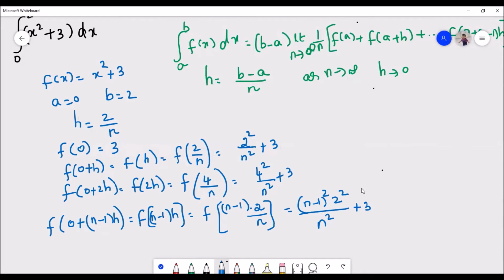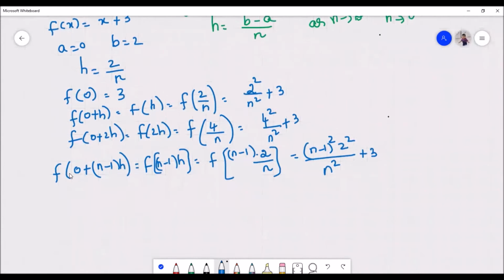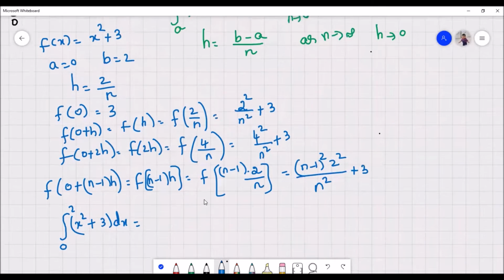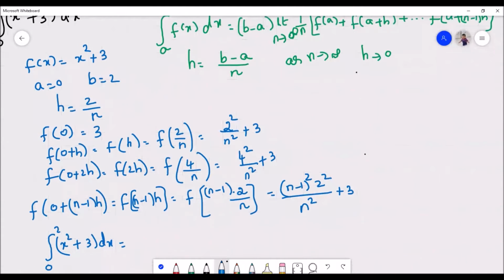Now we have to substitute in the formula. So now going to the formula: integration of 0 to 2 of x square plus 3 dx is equal to, let us see the formula once again, b minus a times the limit as n tends to infinity. So b minus a here is 2 minus 0, which is 2.